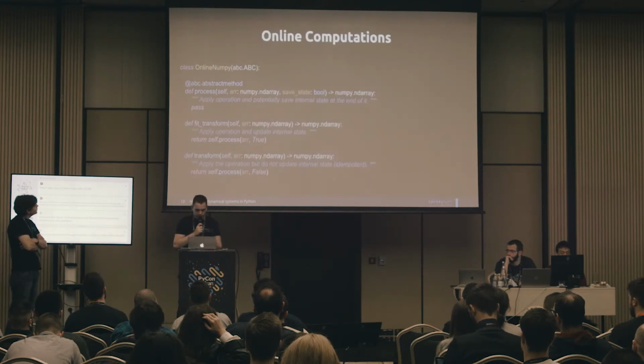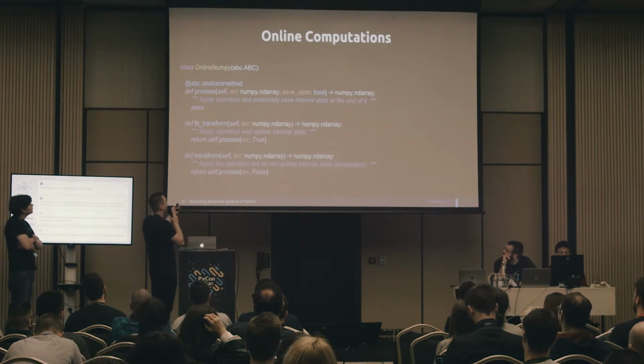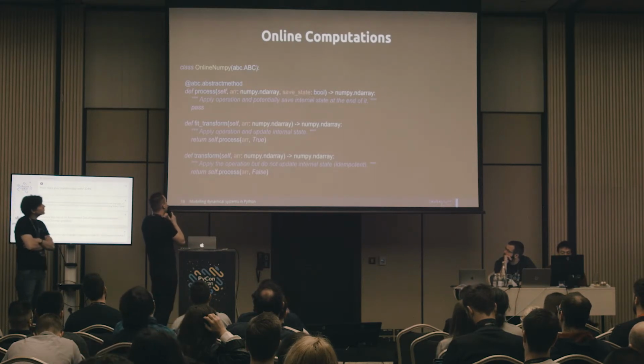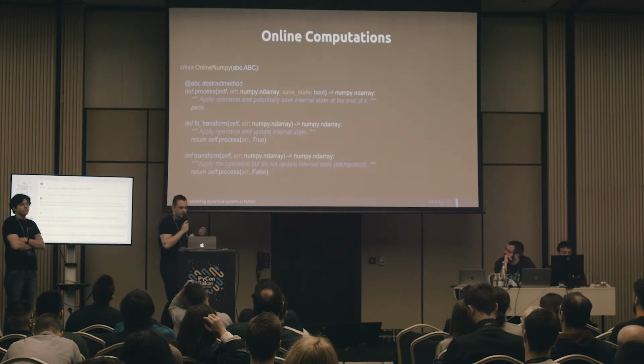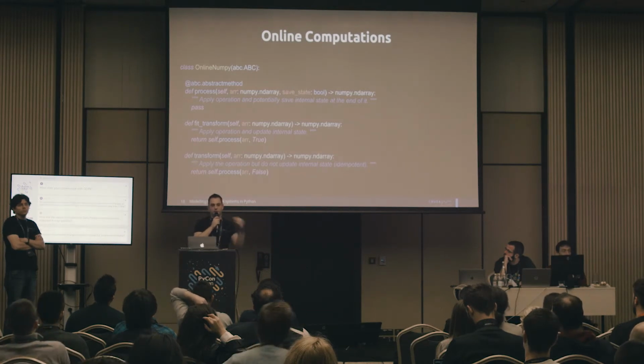Let's go to how this looks. This is basically the abstract class that we started with. We said, okay, we want to do NumPy online, and how do we want to do it? Well, we have these 3 methods. One of them is process, so you can define any operation, and it should be overridden.